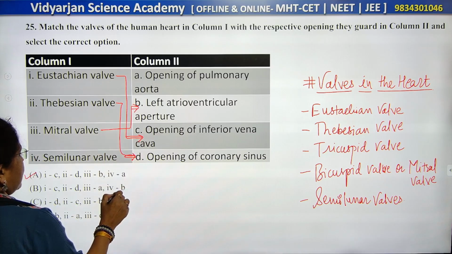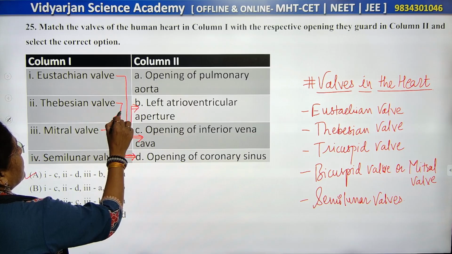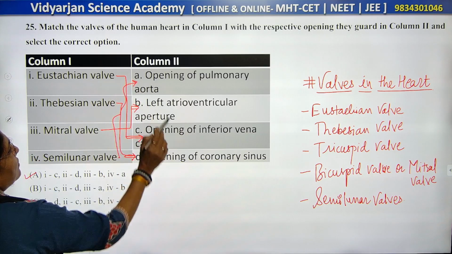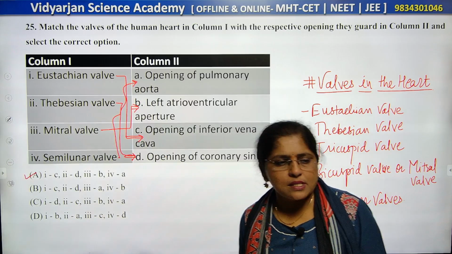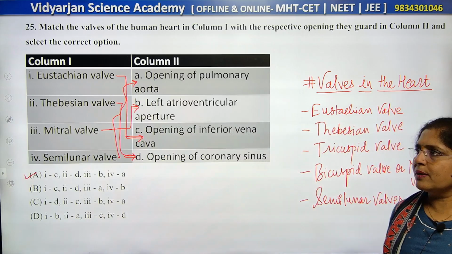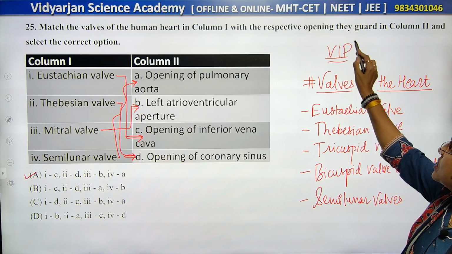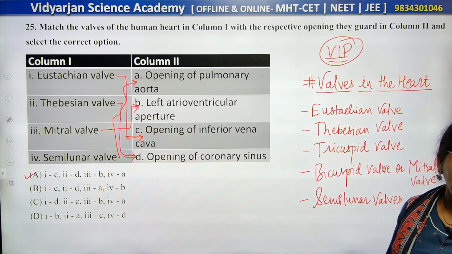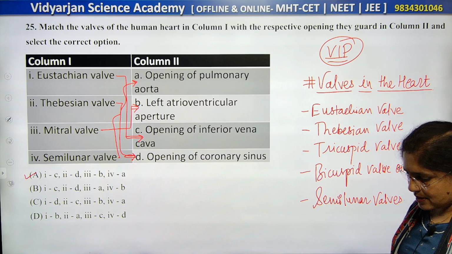And semilunar valves are present towards the opening of the pulmonary aorta. Got it? So students, please remember all the positions of this. This is a very, very important question. You should be able to give all the answers here.